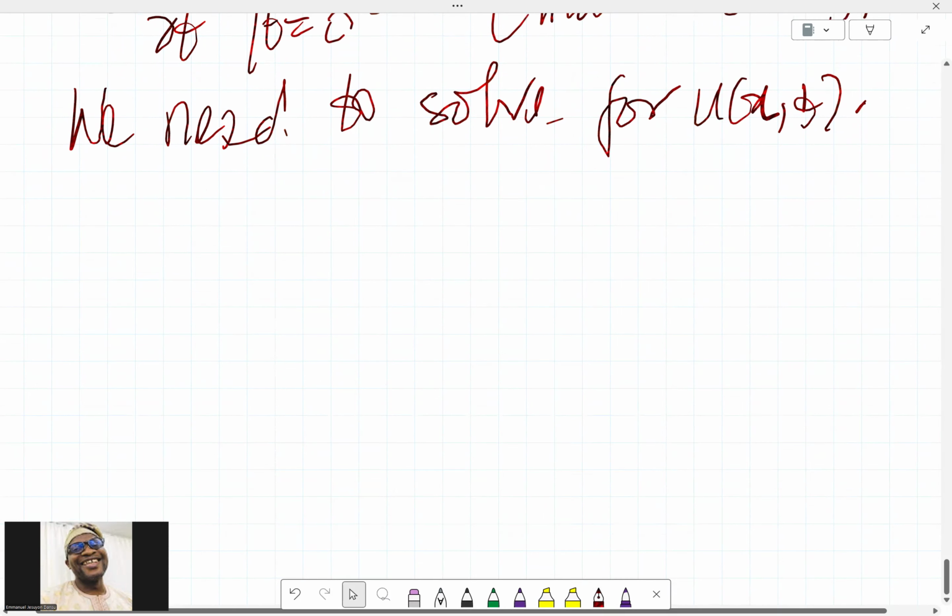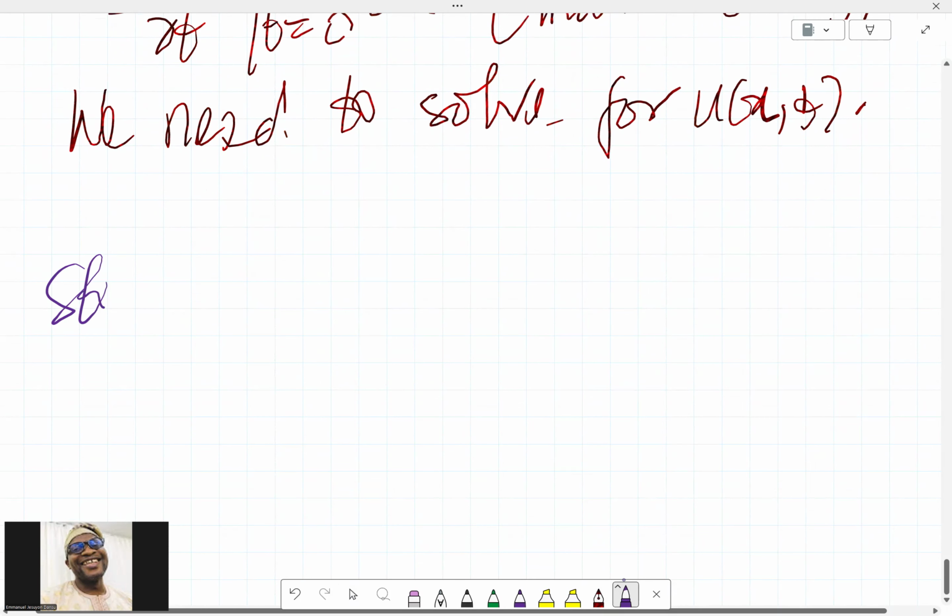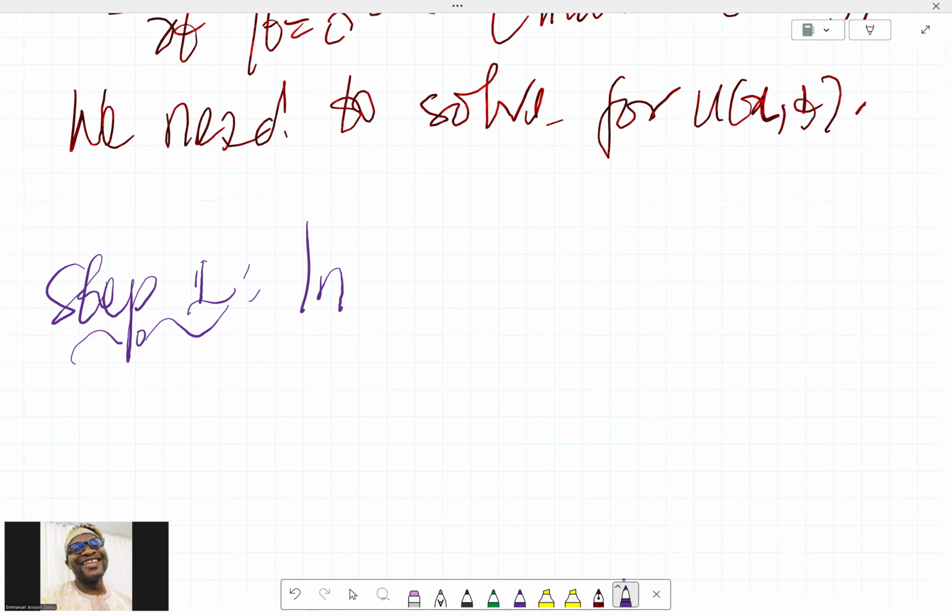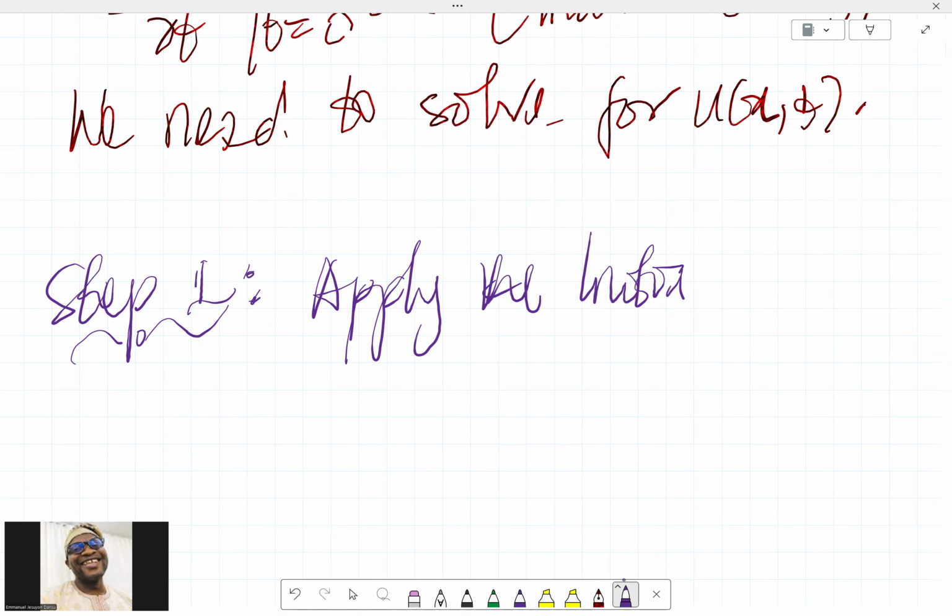So we go step by step. In step 1, we apply the initial displacement condition.